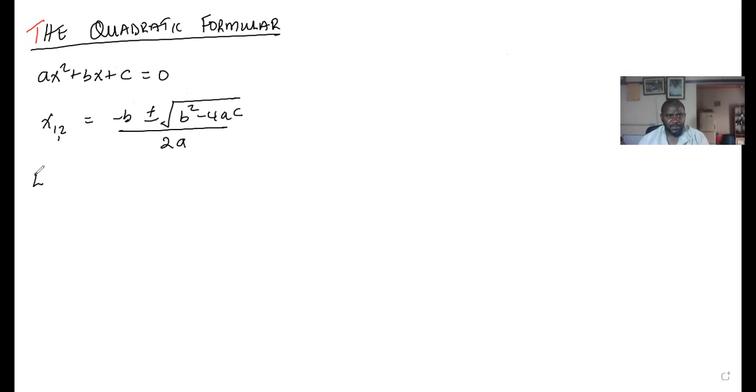So examples. One, x squared plus 4x minus 1 is equal to 0. And 2, 2x squared minus x minus 6 is equal to 0.